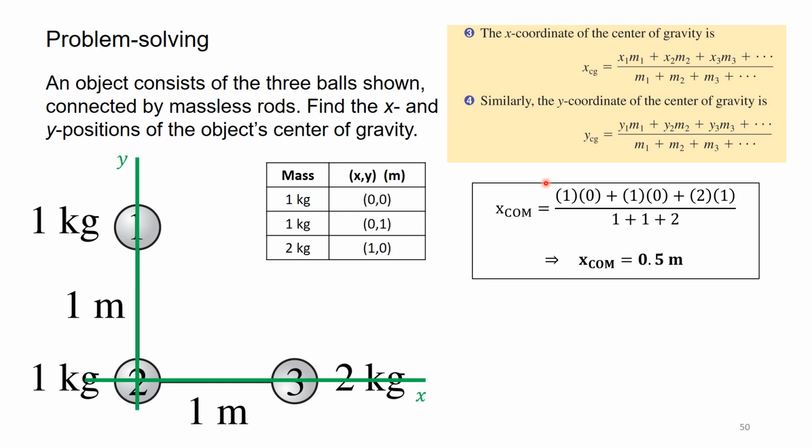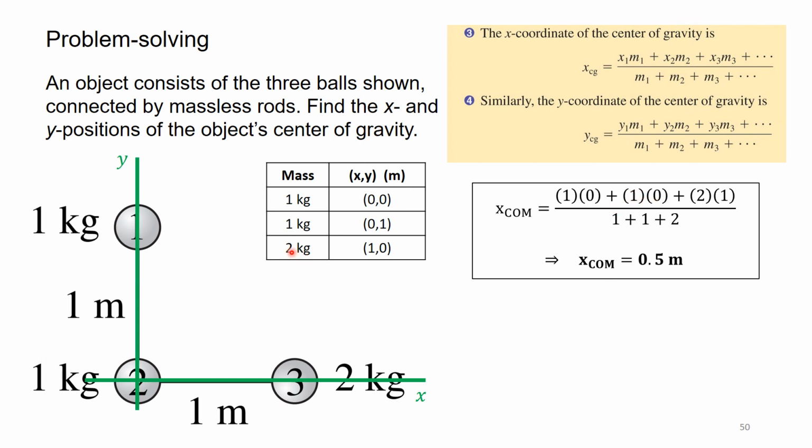So let's start with the x. Let's find the coordinate in the x direction for the center of mass. You multiply the x coordinate of each mass with the mass itself. Let's start with the 1 kilogram mass, multiplied by the x coordinate, which is 0. So you do 1 times 0, which is 0. Then for the next 1 kilogram mass, you also have 1 times 0, and that gives another 0 in the equation.